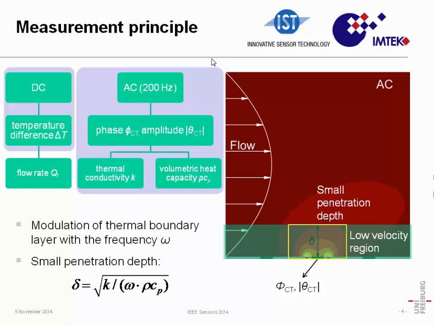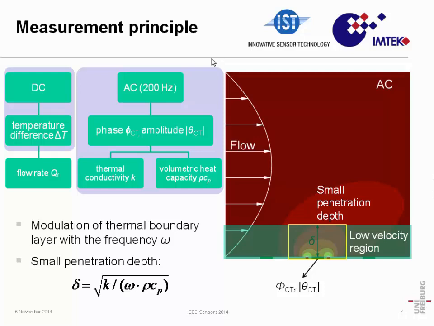So if you confine it to this region, we might think that the heat transfer between, let's say, a heater at the middle and a temperature sensor right next to the heater will be independent of the flow rate. And if it's independent of the flow rate, then it should depend only on the thermal properties of the gas that is flowing there.